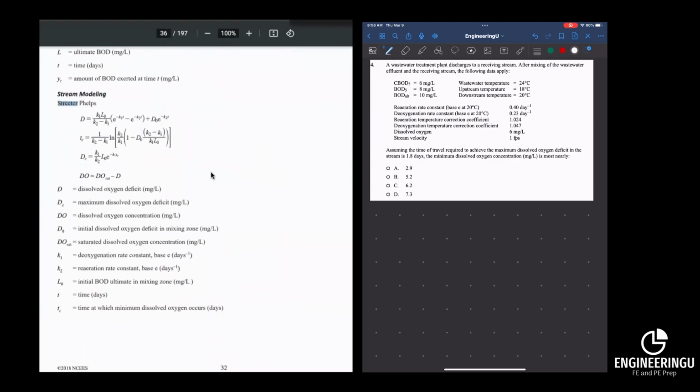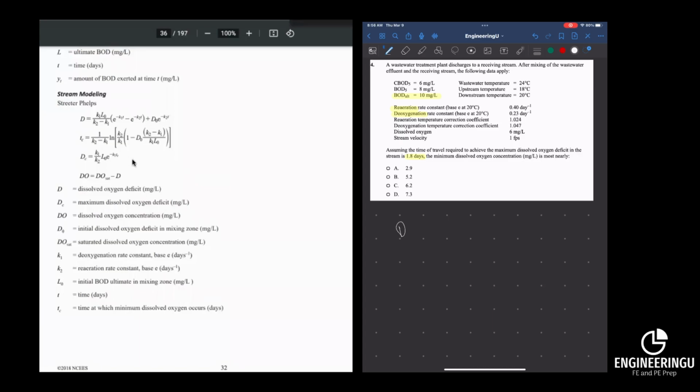And then we can see here that we are given the BOD ultimate, we are given the time in days, and we're given the deoxygenation and reaeration constants. So what we can do with this is we can actually solve for the third equation down here, the DC.